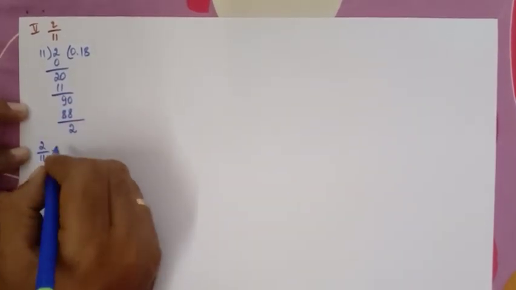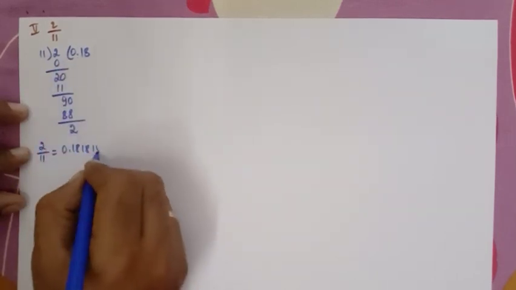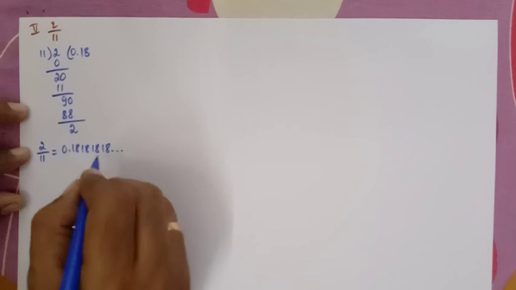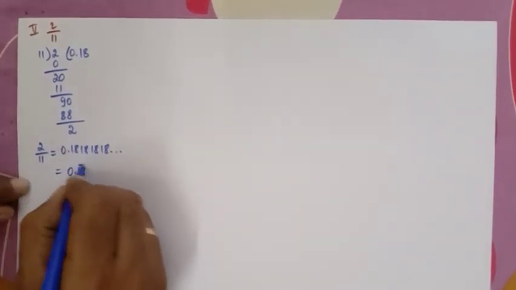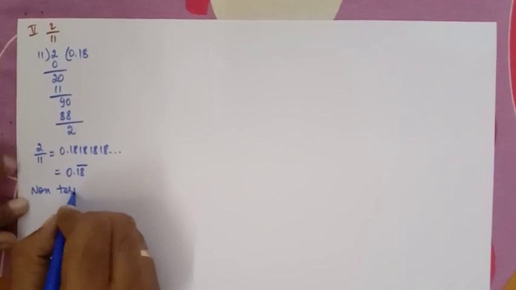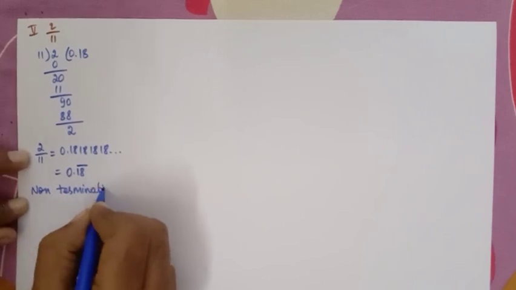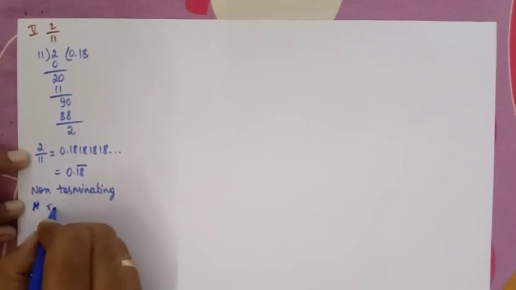So 2 by 11 is equal to 0.18. It is the repeating part. 18, 18, 18. Likewise it recurs. So it is also written as 0.18 with a bar. So it is non-terminating, non-recurring. Sorry, what I wrote.